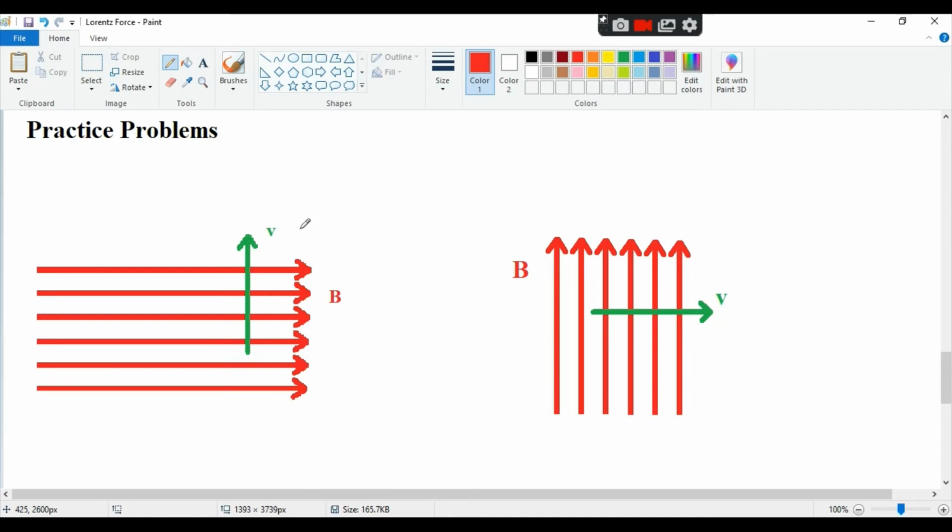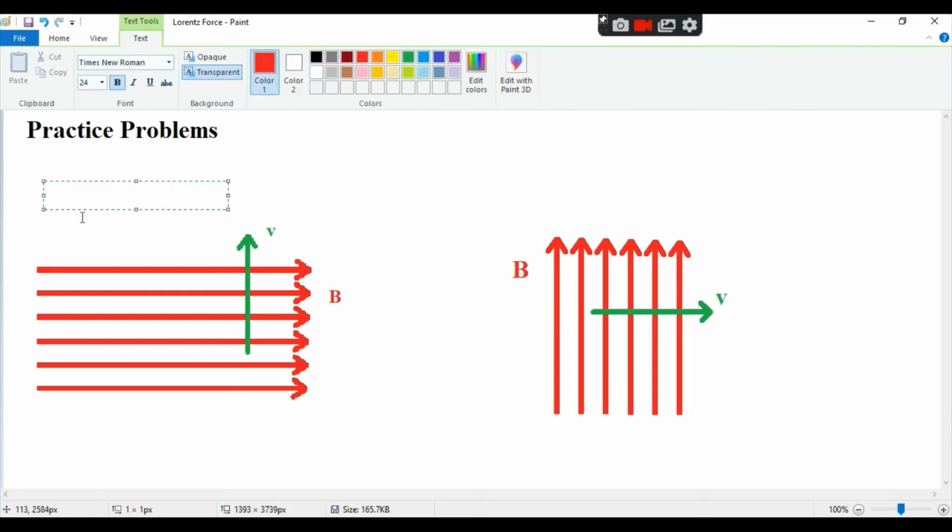And you'll see that the Lorentz force is pushing outwards, away from you, but technically into your screen. So this one, the force is going into the screen.